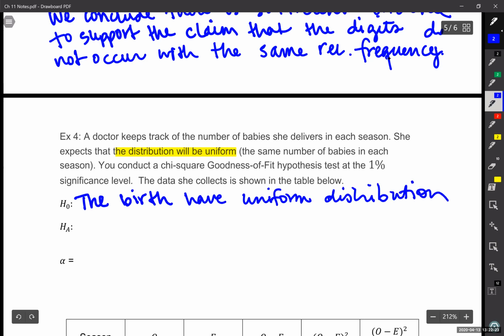Don't say the births have the same uniform distribution, because uniform means same, so we don't need to be redundant. The births have uniform distribution, or the births do not have uniform distribution.